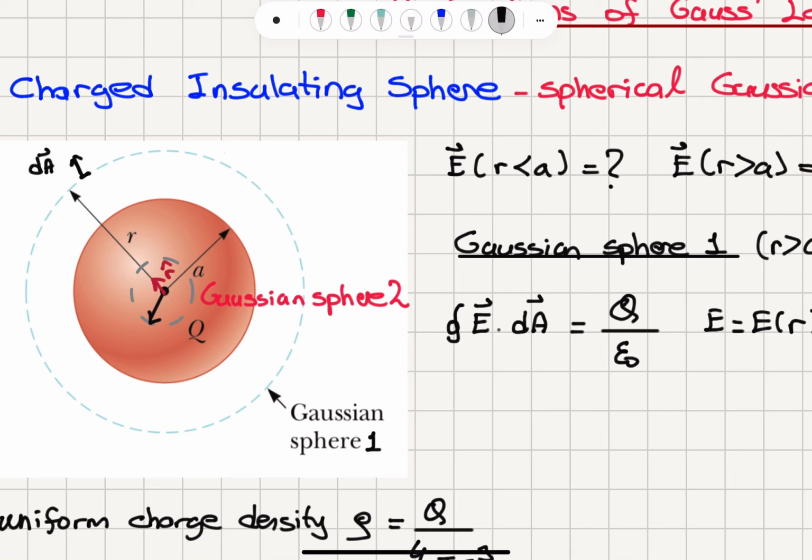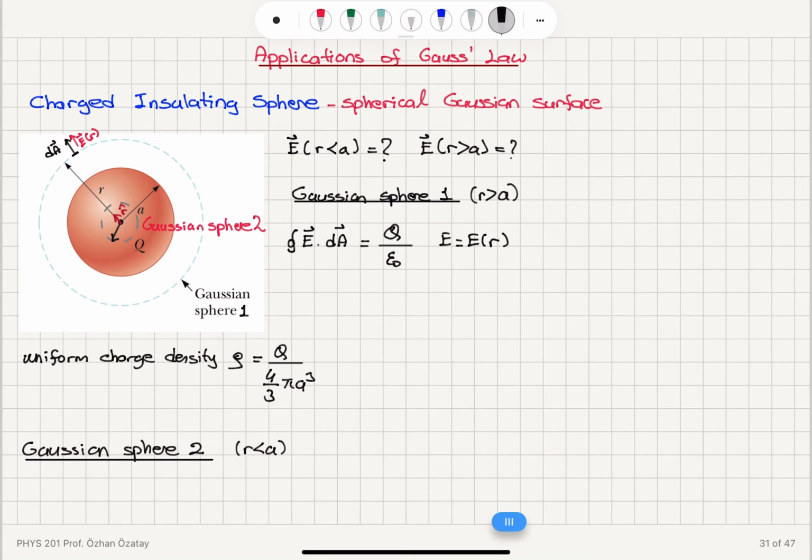The electric field at that point is parallel to the area vector. So the electric field is only a function of r and parallel to dA.